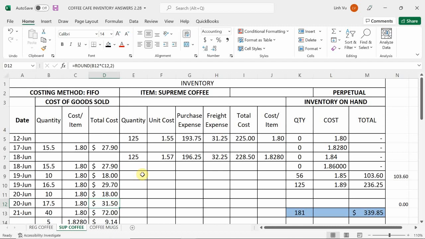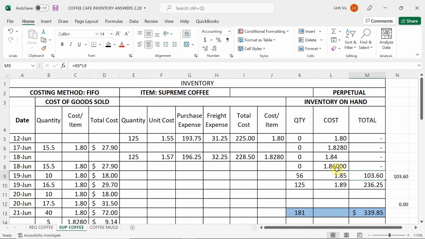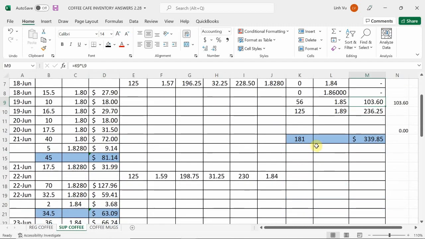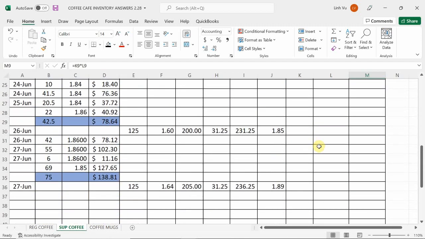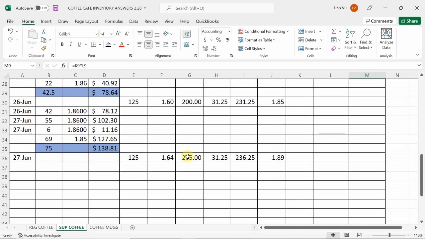So in this case, my 5th batch right here, I'm going to be taking that $1.94 discount off of this amount here. So that means I actually have to adjust my cost per item because I end up taking a discount.